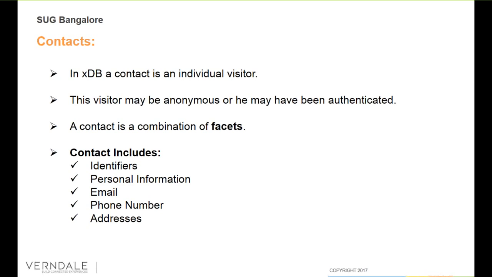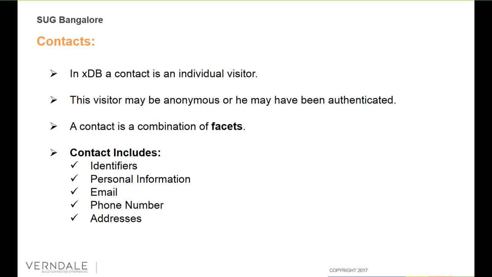So basically in Sitecore XDB, as a user, if I'm trying to visit any application, I'm a contact in terms of XDB. So as an individual visitor, I'm a contact for an application. If I'm trying to access any application, say xyz.com, no matter whether I'm an authorized user or an anonymous user, in XDB I will have a contact created for me.